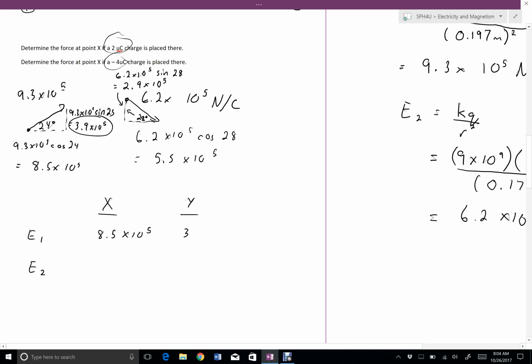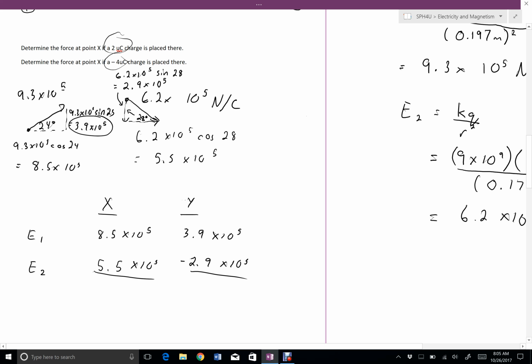So 3.9 times 10 to the 5. And then in the x direction for the other one, I'm still going to the right, so that's positive 5.5 times 10 to the 5, so those guys will add together. And here I can see that I'm going down, so this is going to be negative 2.9 times 10 to the 5.